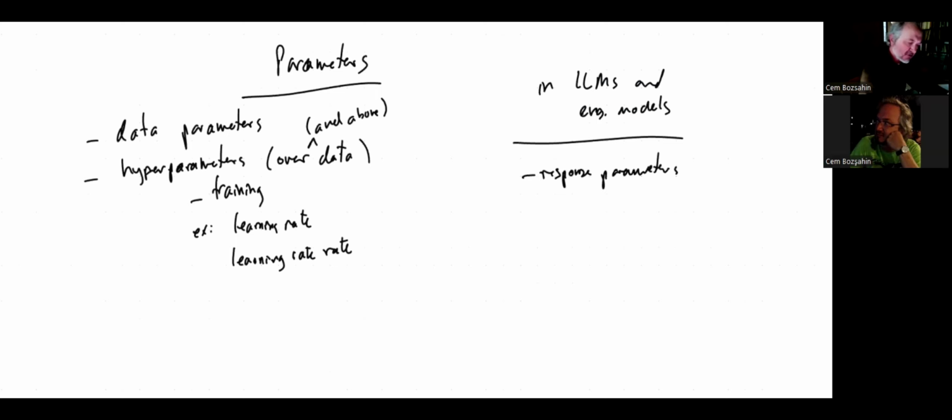Sometimes one is called heat. How much creativity do you expect out of the response? Is it very formal? Is it very creative? In other words, the output. That's why they're called response parameters. These are the kind of stuff that you set after training.